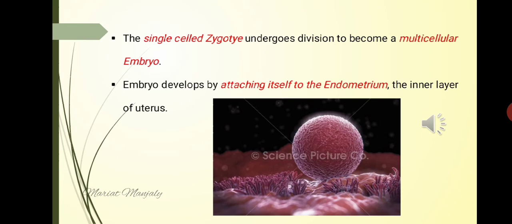The zygote undergoes division and gives embryo, and the embryo on further divisions develops into the fetus, and thus the development of the fetus completes in 40 weeks and the baby is born.